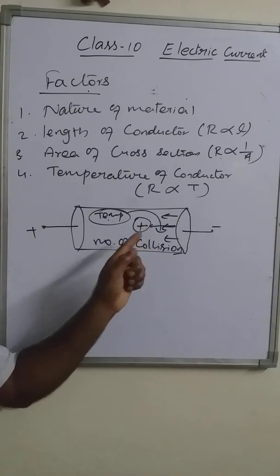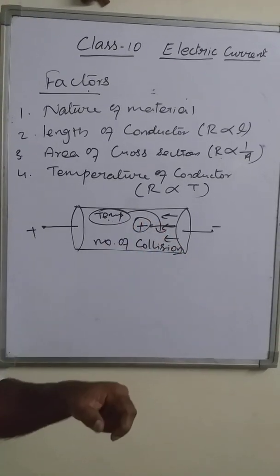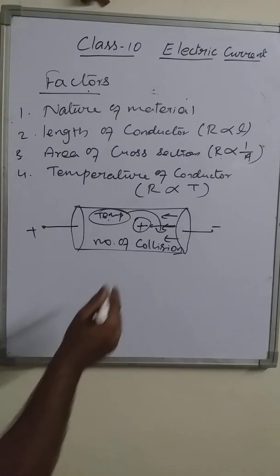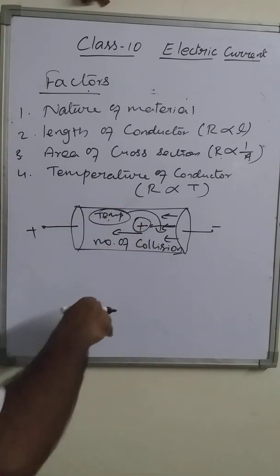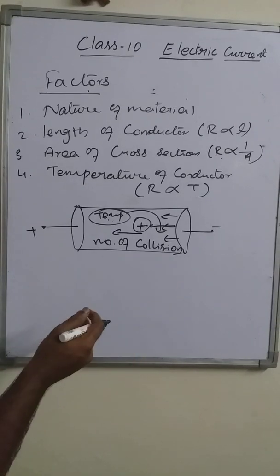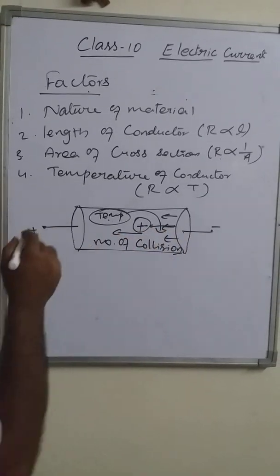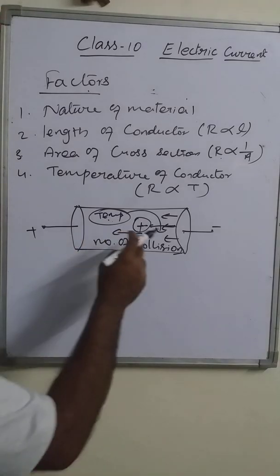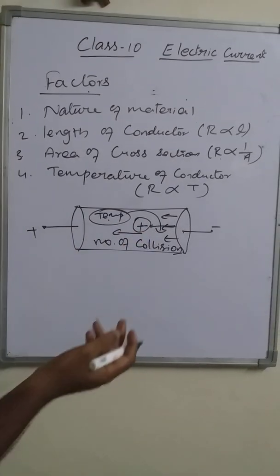Now the electron is gaining the energy quickly, and it collides with the positive ions quickly. So before reaching the positive terminal, it collides with the positive ions a greater number of times. So the number of collisions with the positive ions increases.